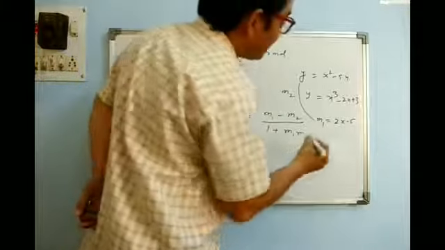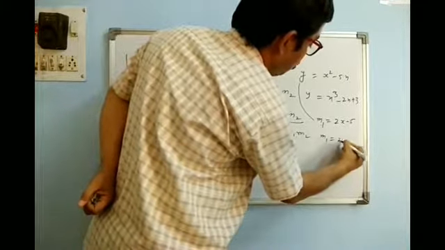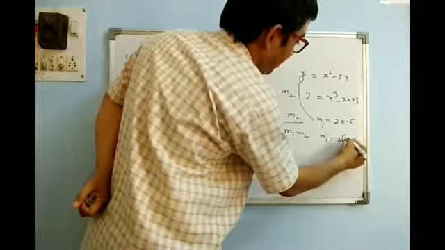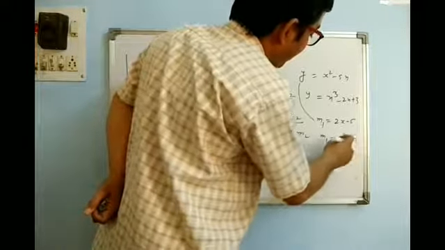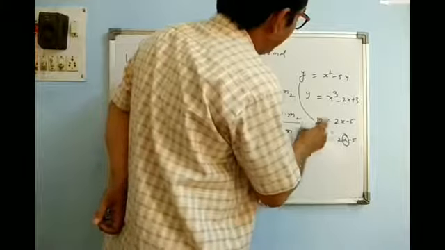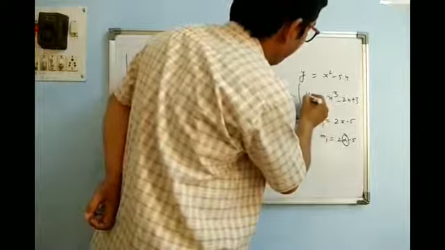Suppose the point of contact is alpha comma beta, then the slope is 2 into alpha minus 5. Don't be carried away by the term alpha. The point can be 1, 2, 2, 3. Like this you put it, you will get the slope of tangent to the first curve at that particular point.